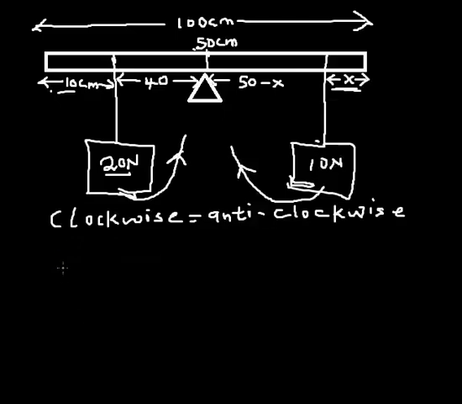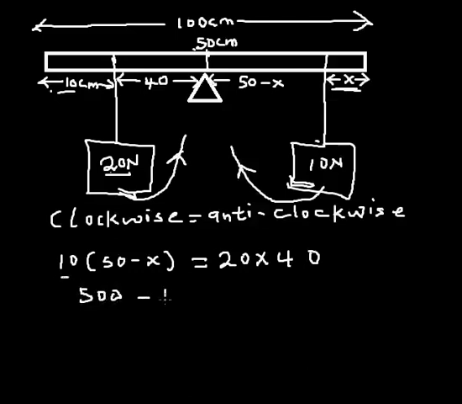So I have 10 open bracket 50 minus x, equal to 20 multiplied by 40. This gives 500 minus 10x, and 20 times 40 is 800.